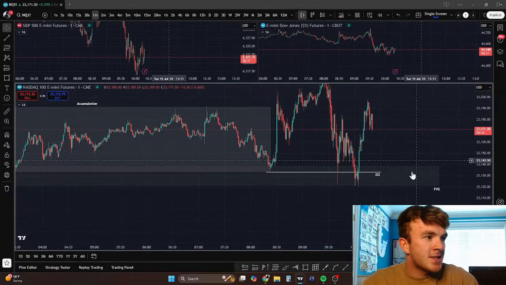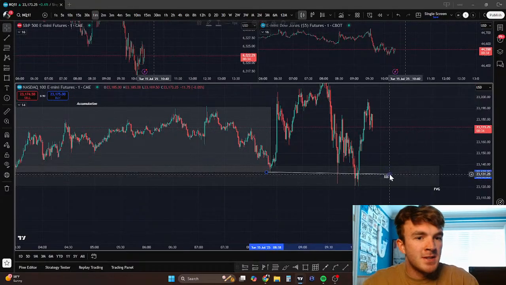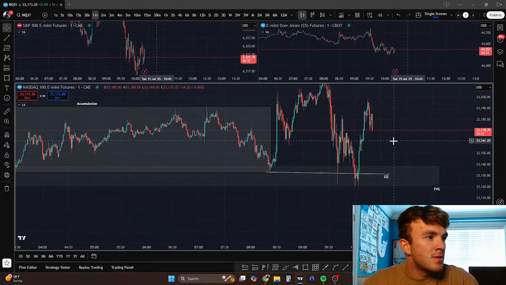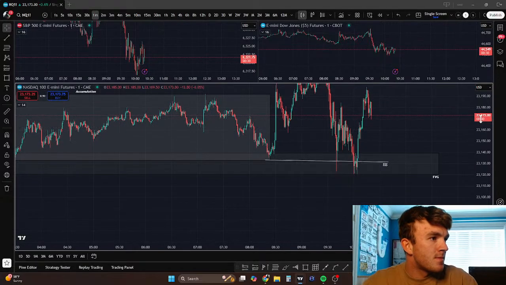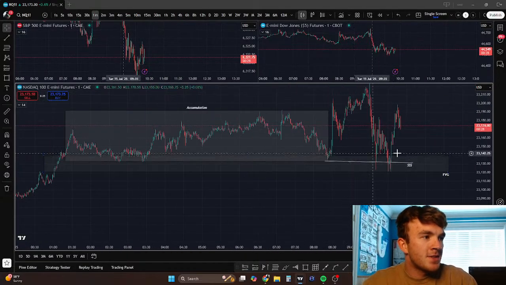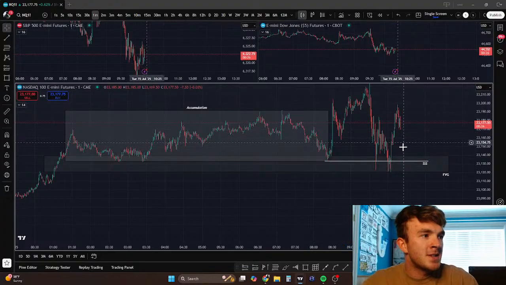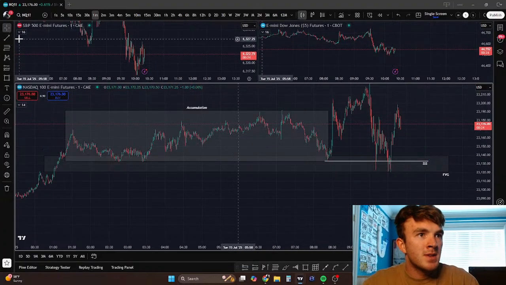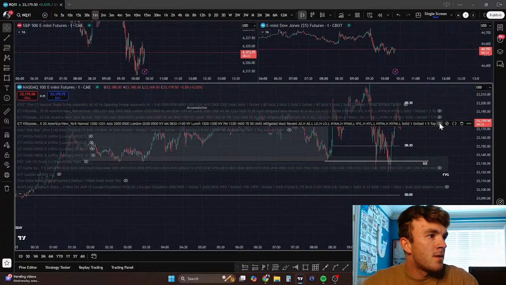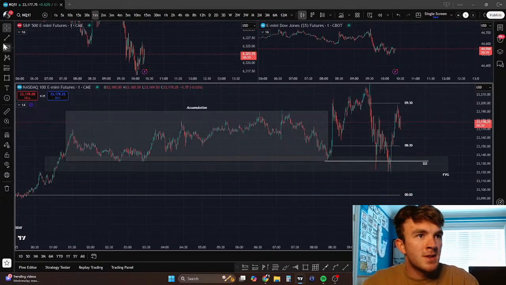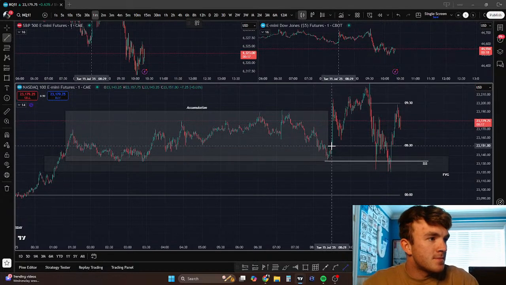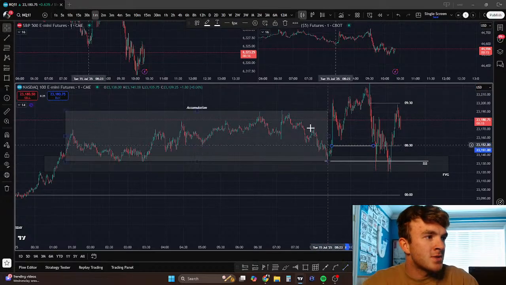So this was exactly what I wanted, but I just messed it up. Do you guys see how this is exactly what I wanted, but I just messed it up? We got accumulation, manipulation below 830. So 830, I just took it too soon.